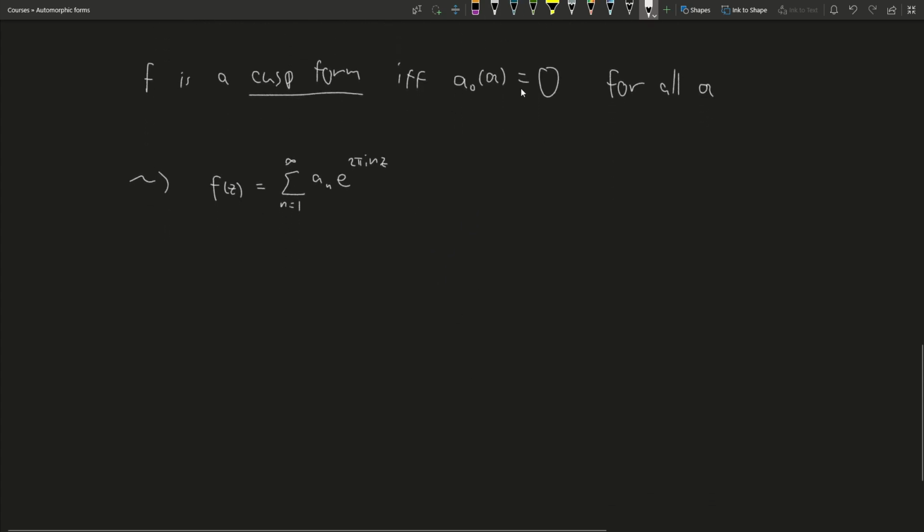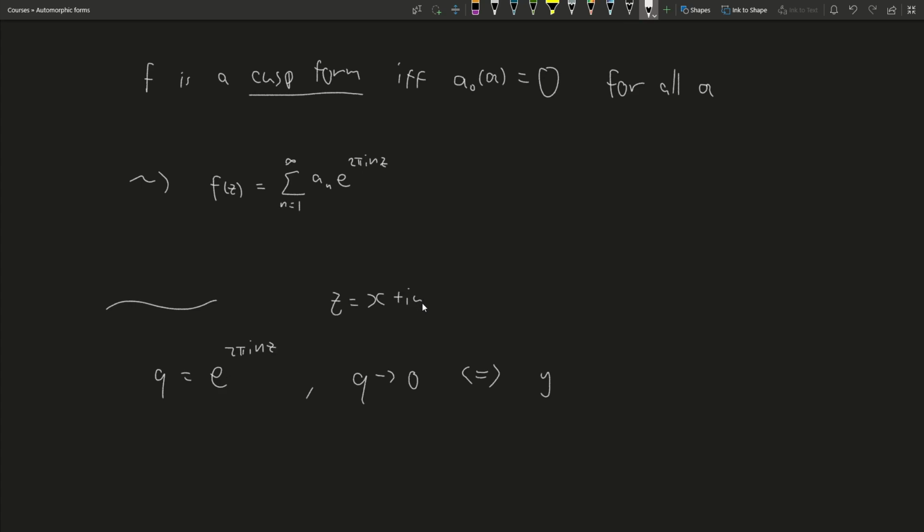And the idea with this q expansion, all this cusp stuff, when we think about q being e to the 2 pi i nz, and then we're saying q goes to 0, that's the same as saying y, the imaginary part of z, so z now and forever always x plus iy, y is going to infinity in this change of variables.